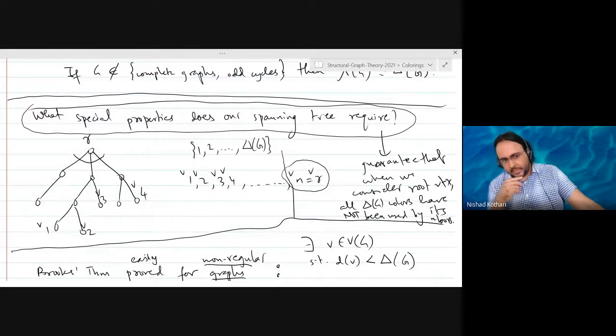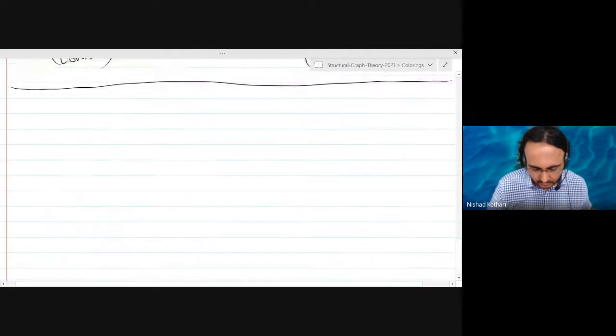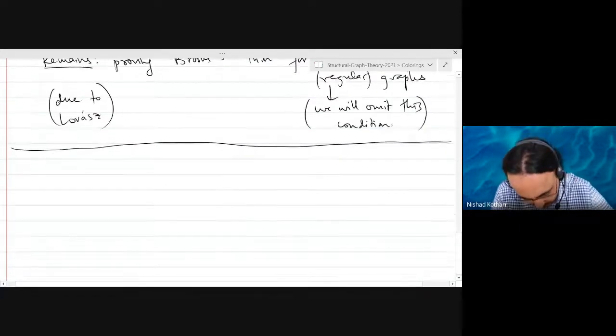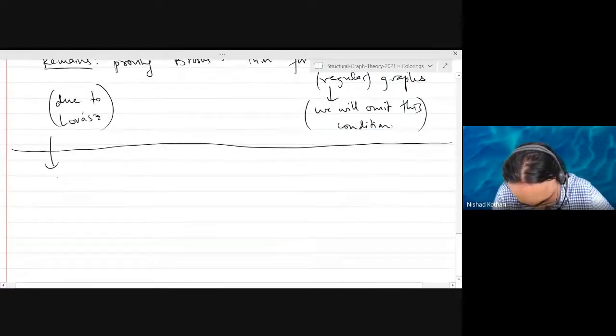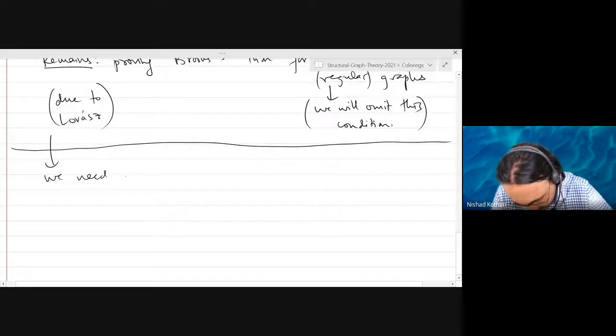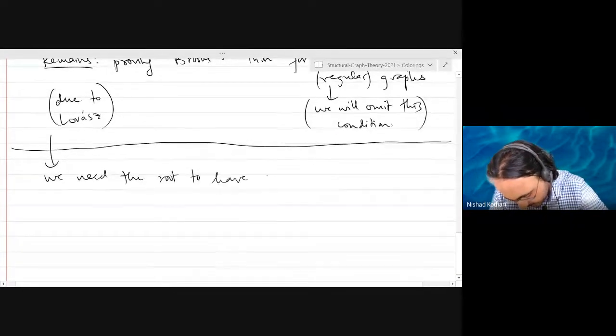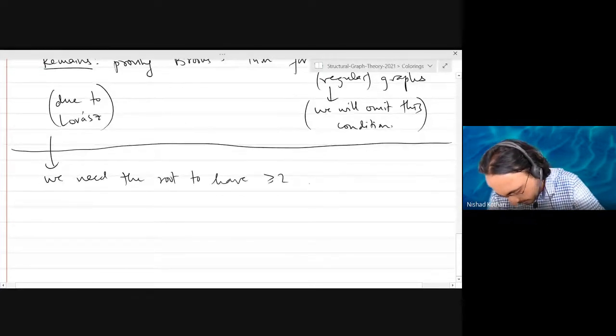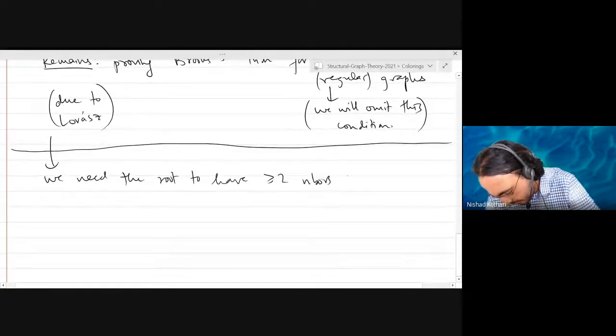Clearly, they cannot be adjacent to each other, right? If they are adjacent, they can't get the same color. So we need the root to have at least two neighbors that are non-adjacent.